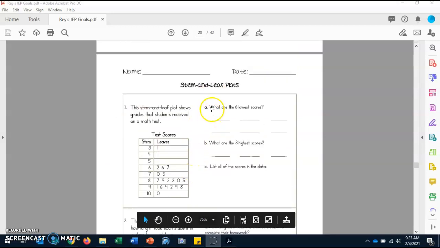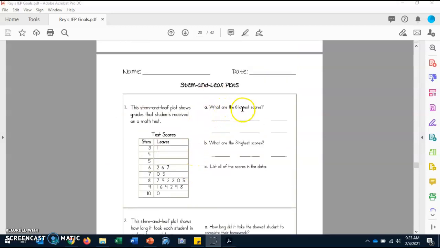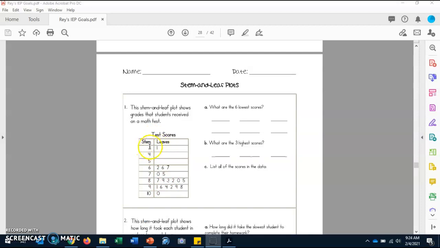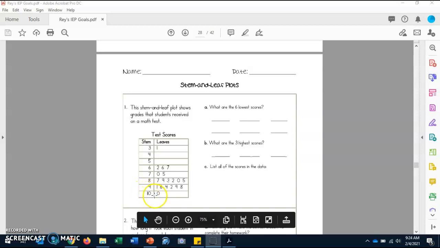So letter A says, what are the 6 lowest scores? So she wants to know the 6 lowest. So we know that 30, or the 3, is a lot lower than having a 10, which here would be considered 100.